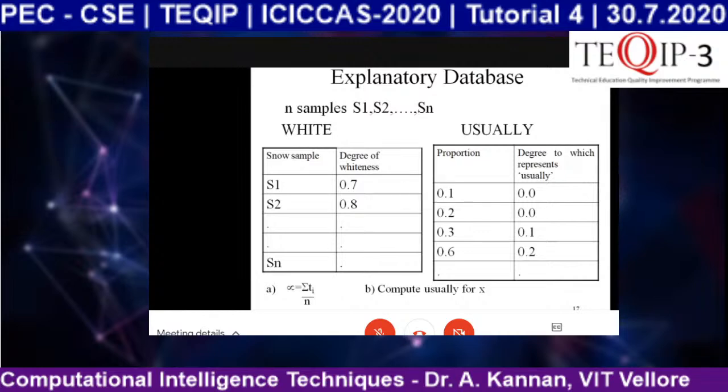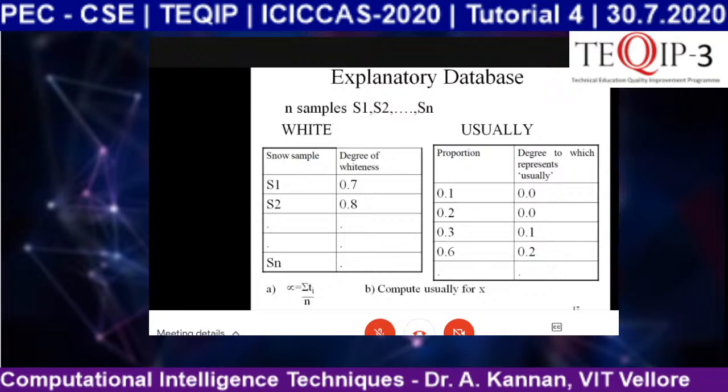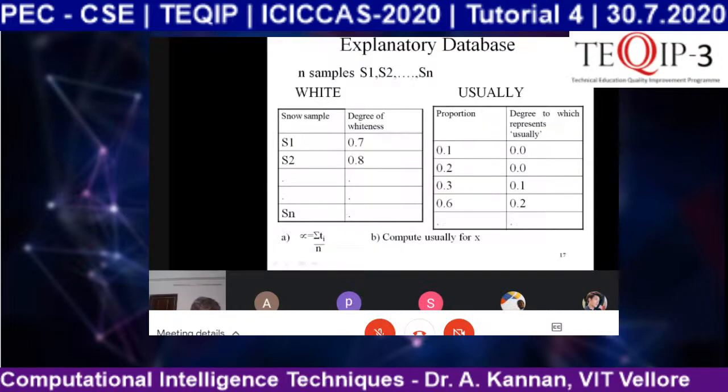After getting the overall average, you come to a global lookup table. Suppose your average is 0.6. In your country, the snow was white by 60%. And you check with the global table. In the global table, it is equivalent to 20% only. Whether it is eye color or skin color, the skin color of somebody in Tamil Nadu, if it is 100% white, may be 80% white in some other place.